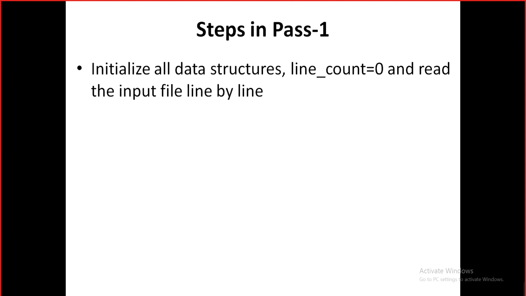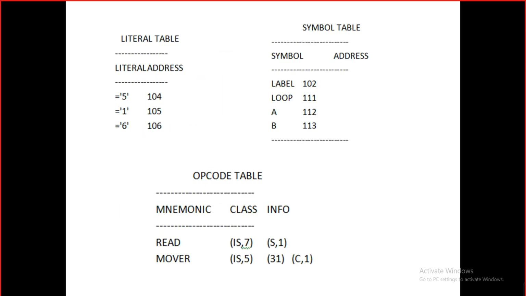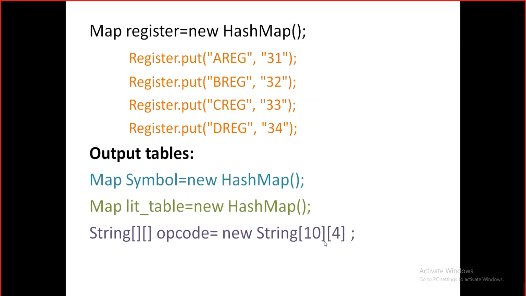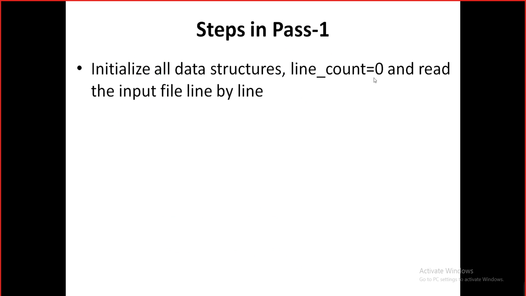Finally, we will store, for the intermediate code that we are going to write for each of the assembly language instructions, this row value will be equal to the current line count. Understood? So that is why we need to maintain the line count always. Fine. So that is initialized to 0 firstly, and then we will read the input file line by line.